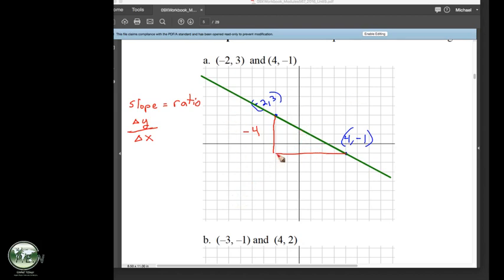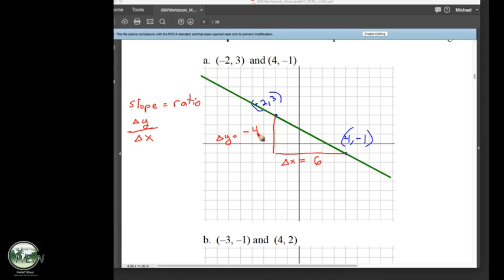Okay, so from here, how far do we go to the right? 1, 2, 3, 4, 5, 6. That was in the positive direction, so we'll label that as a positive 6. Which one is the change in the y direction? -4. So this is our change in y. So that must make this the horizontal change, and exactly it is. It's all very visual.